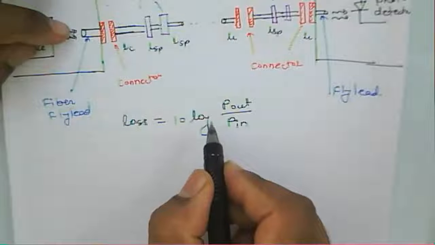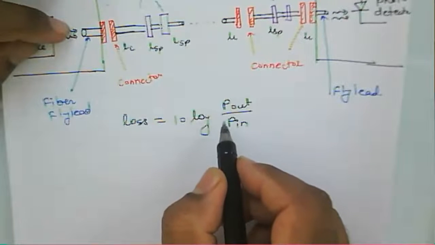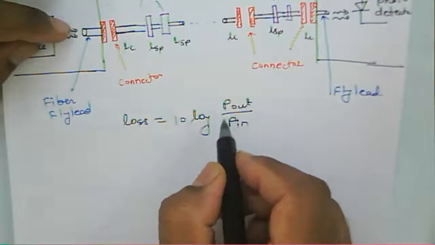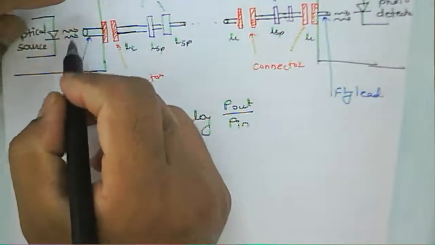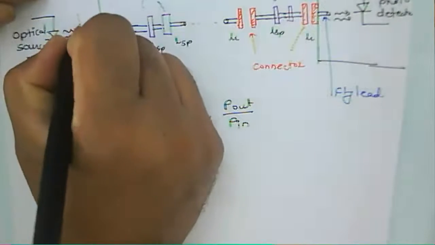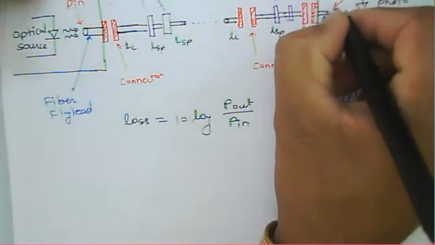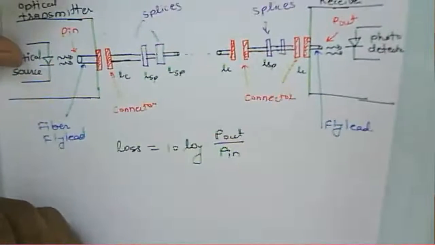Now, P out and P in: P in is nothing but the power entering inside the optical fiber, and here we can obtain what the P out will be at the detector.